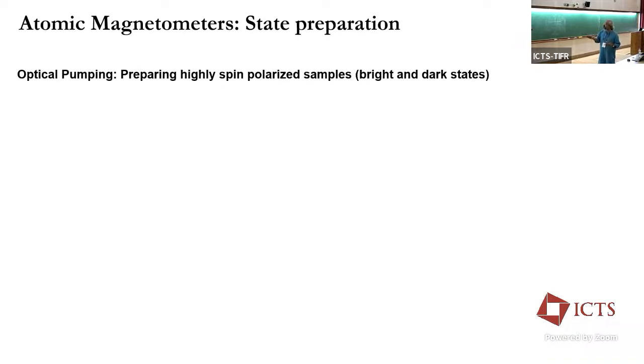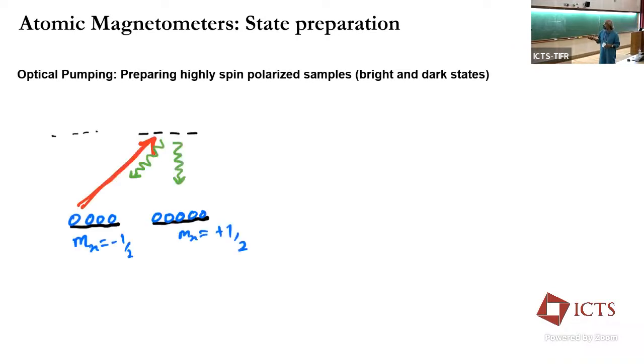So this is a very quick intro, but this will get us very quickly to a poor man's sensitivity calculation. So for example, we can just think of a very simple spin-half atomic system.